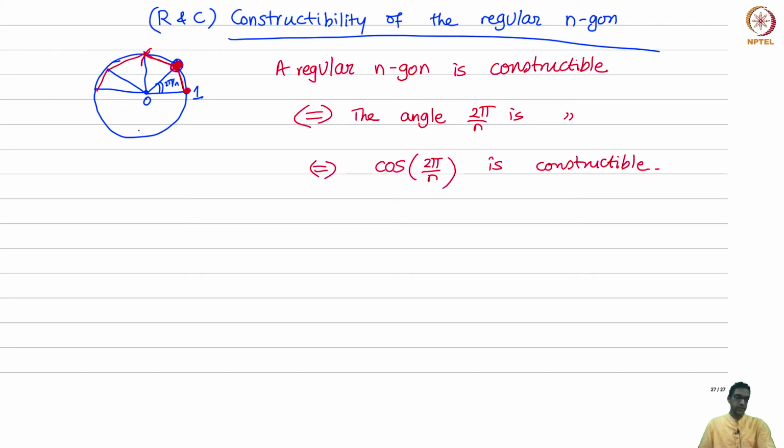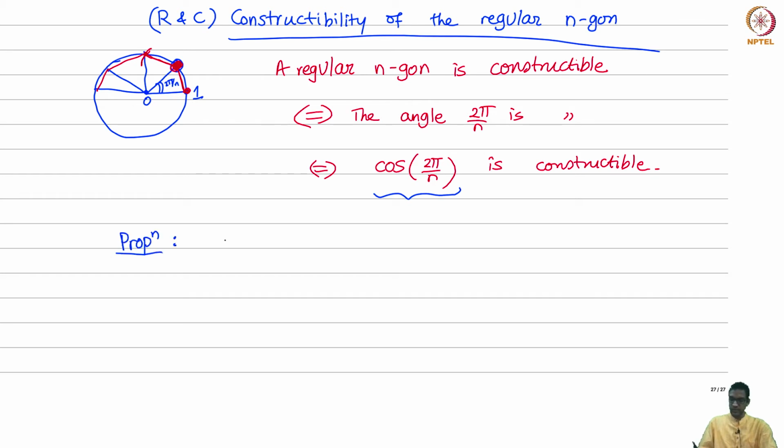Now the point is, let's prove the following theorem. Remember, what is this cosine here? What has this got to do with the whole analysis of cyclotomic extensions that we have been doing? So observe the following. Maybe I'll just write the theorem down first.